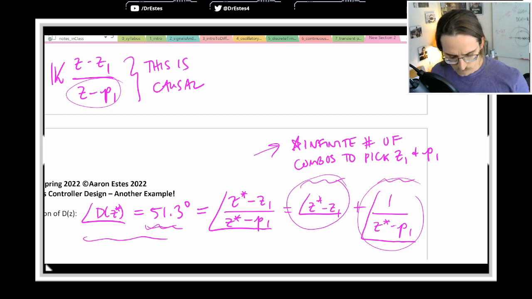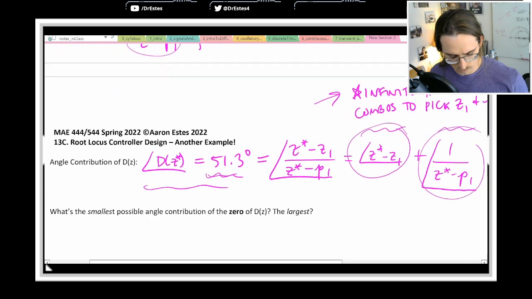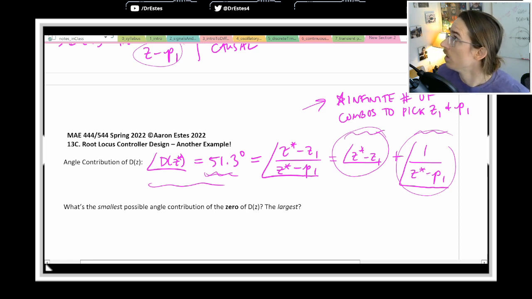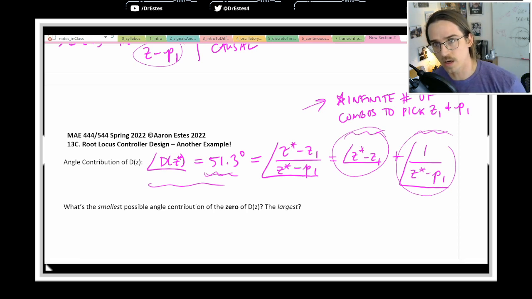Really, there's no way around having to iterate on your control design process and look at a bunch of different possible controllers and pick the one you like. This is one drawback of the root locus method, that it lends itself to an iterative approach.